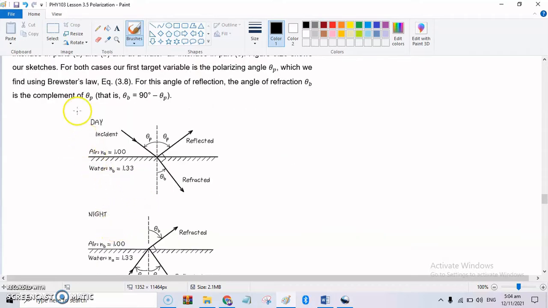For both cases, our first target variable is the polarizing angle theta p, which we find using Brewster's law, equation 3.8. For this angle of reflection, the angle of refraction theta b is the complement of theta p, that is theta b equals 90 degrees minus theta p.